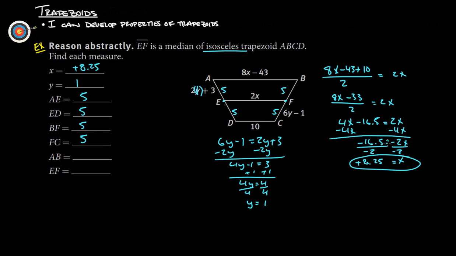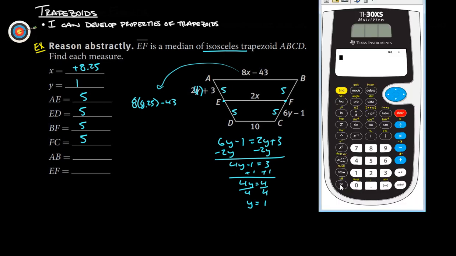A to B, since we know X is 8.25, we can just plug in 8.25 for this X here. So let's do that over here. 8 times 8.25 minus 43. Let's get our calculator to help us out on that one.